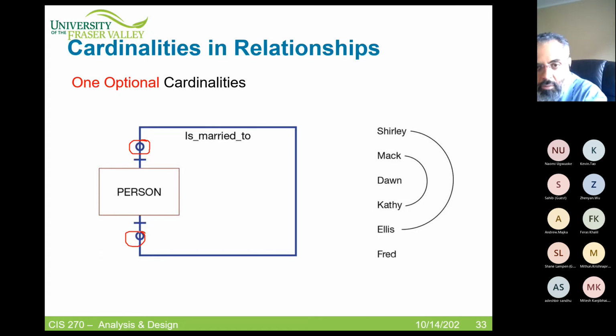You can't have the same person married to both. It depends on different societies, but let's talk about it this way: one person is married to another person in this case, and a person can also be not married. This is why we said it is optional, but at most one in this case. So we use one optional here.